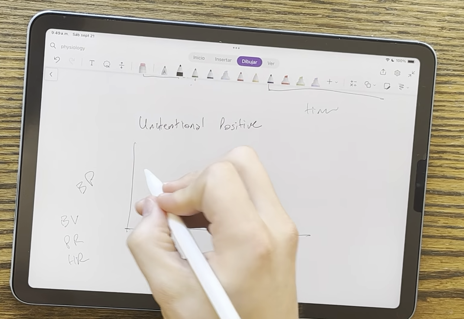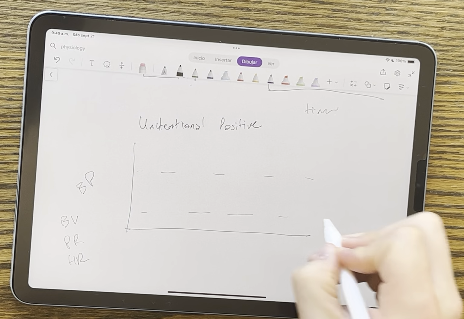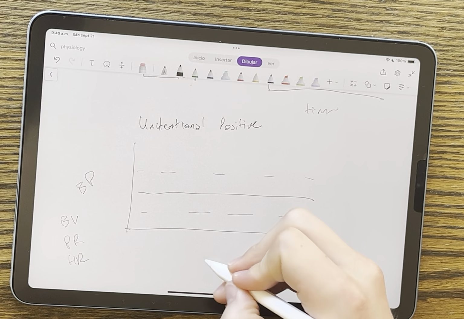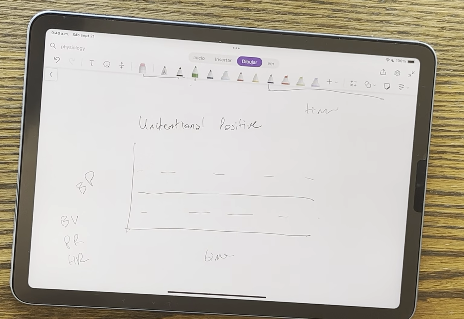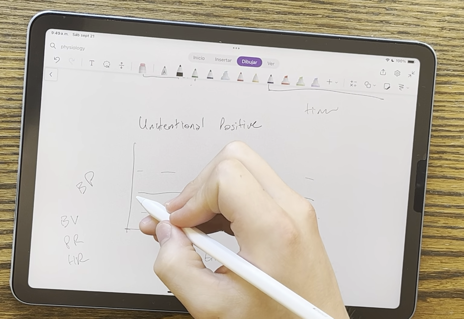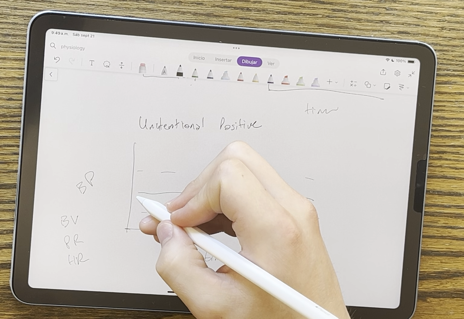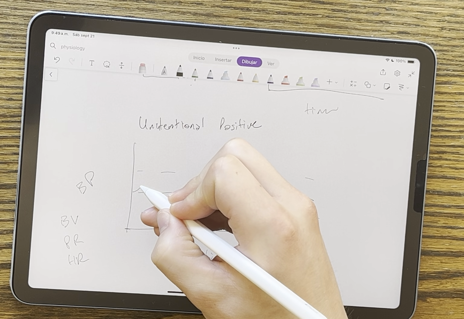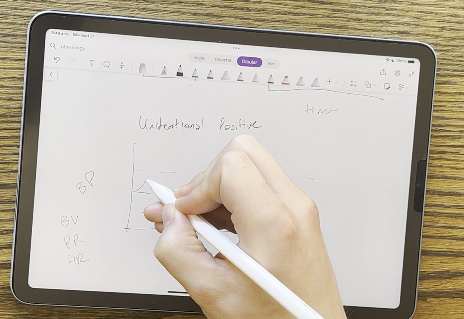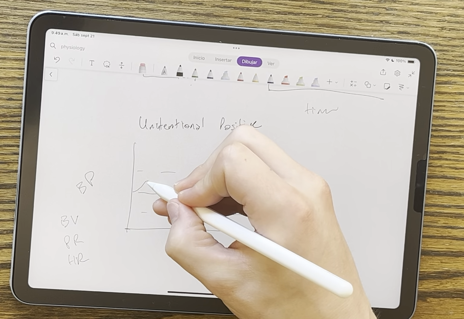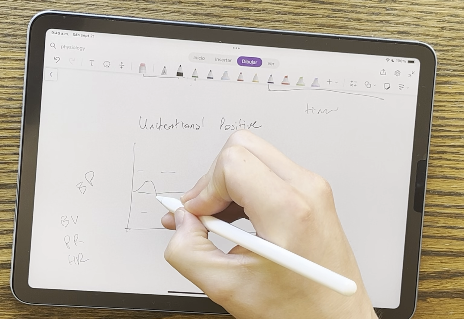So in a normal system, we have our typical range for blood pressure. We have our set point, whatever that is, over time. And as we start to increase in blood pressure, for example, let's say we're exercising, right? Naturally our heart rate's going to increase. That causes our blood pressure to increase. Peripheral resistance might decrease, so then blood pressure goes back down.